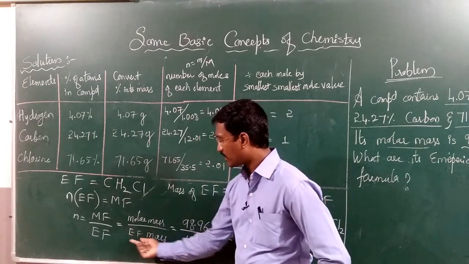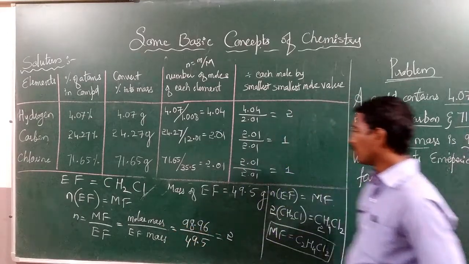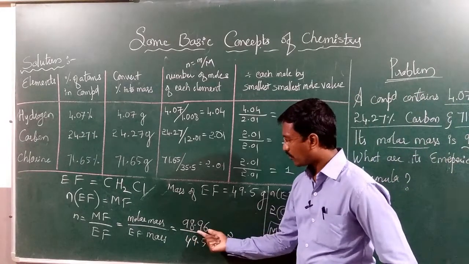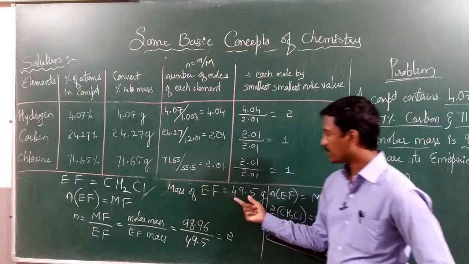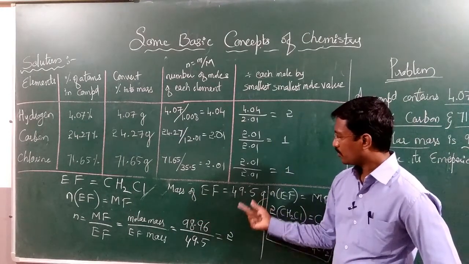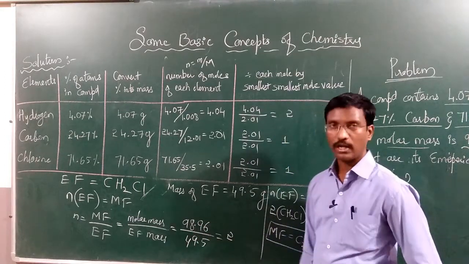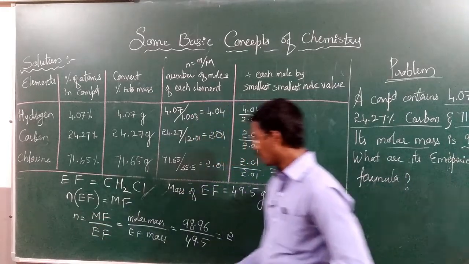We know that they have given the molar mass value, 98.96. That's why I have written here 98.96 divided by the empirical formula mass we have determined, 49.5. Dividing these two, we get a value of around 2. So the number of moles N is equal to 2.